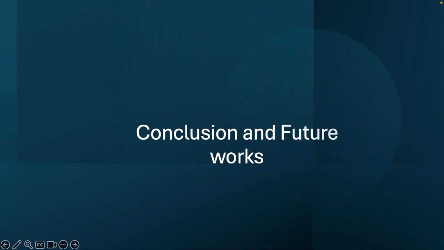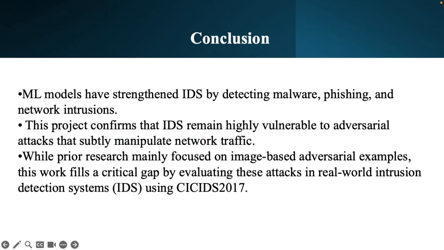Conclusion. AI has strengthened intrusion detection systems, but adversarial attacks remain a major threat. This project fills a gap in evaluating adversarial robustness on real IDS data. Results show that adversarial attacks severely degrade performance, but adversarial training restores robustness.